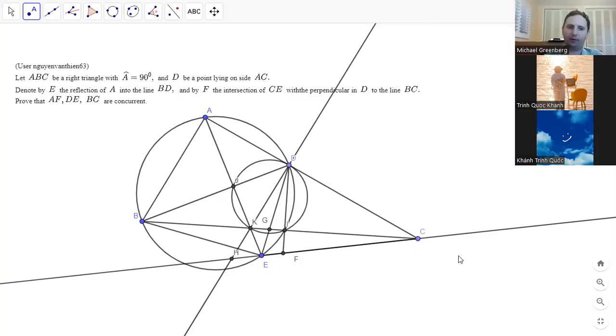That would prove that these all concur. And we could project through I onto the circle. And that's the same as saying that D, B, E, yeah, I don't know if that's the best idea. D, B, E, and that point are harmonic.